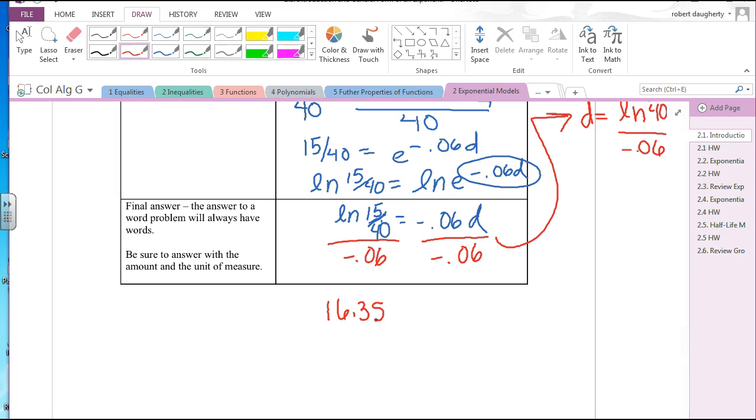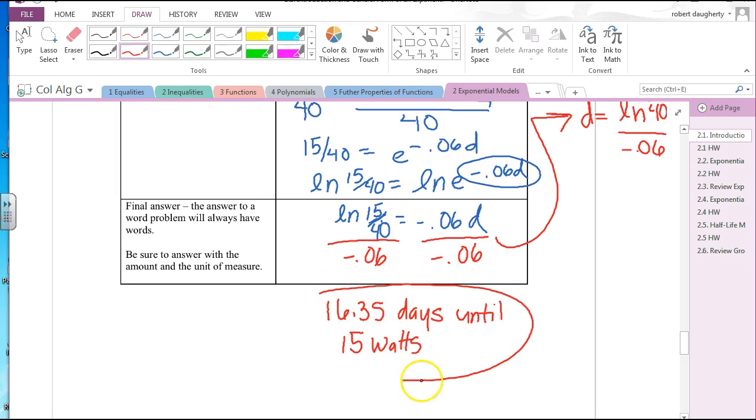Days, right? So 16.35 days until what? Right, until it gets to 15 watts. So it's going to take 16.35 days until this battery has 15 watts of power.